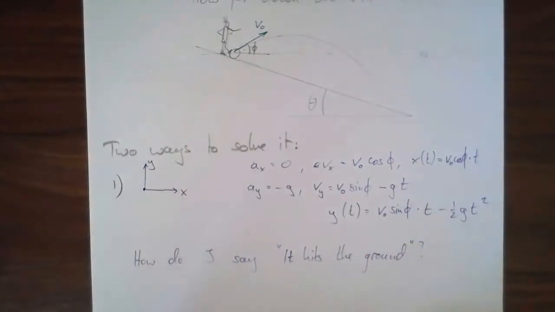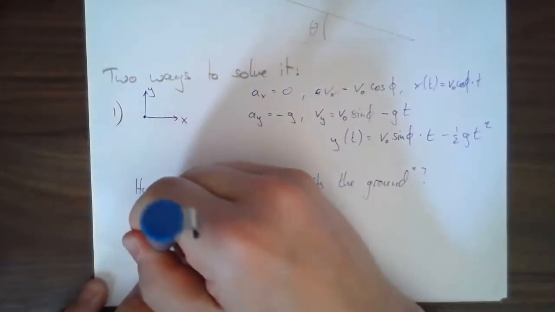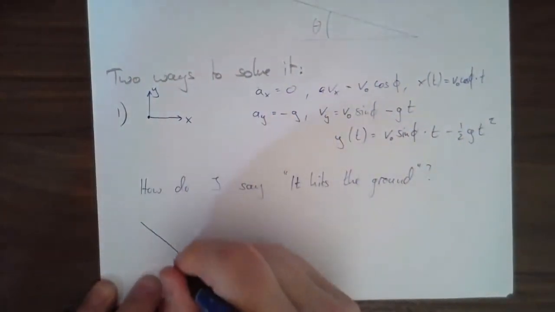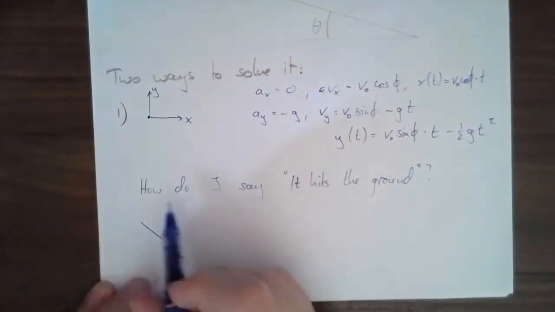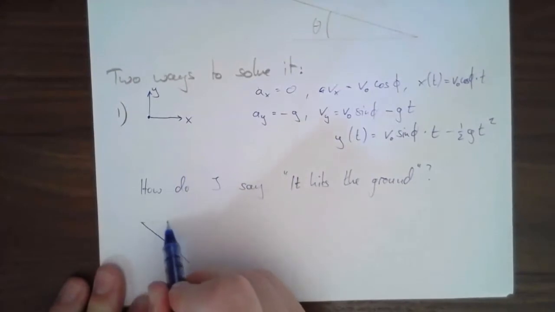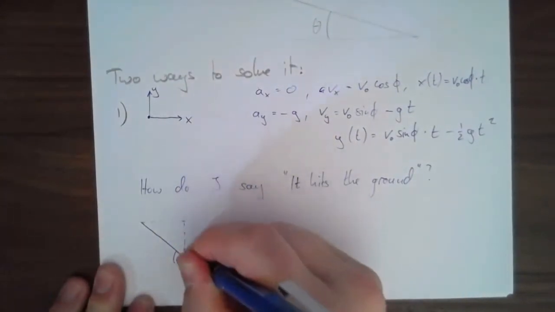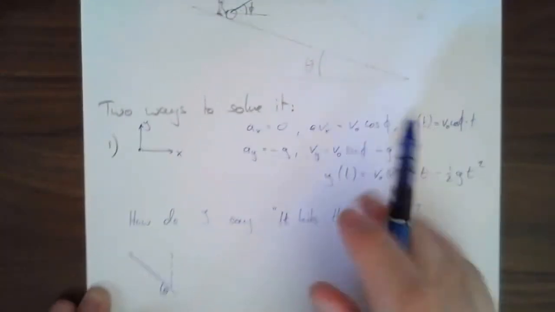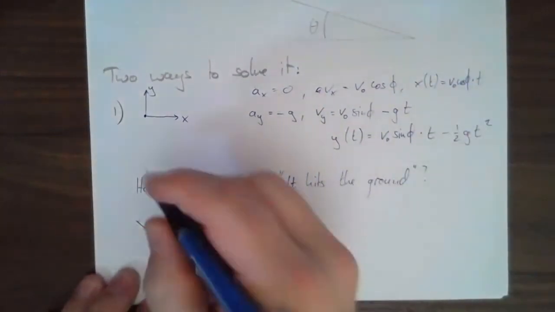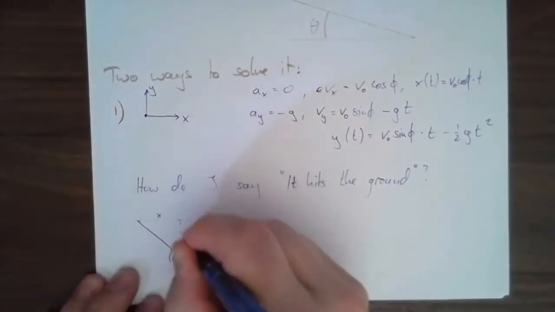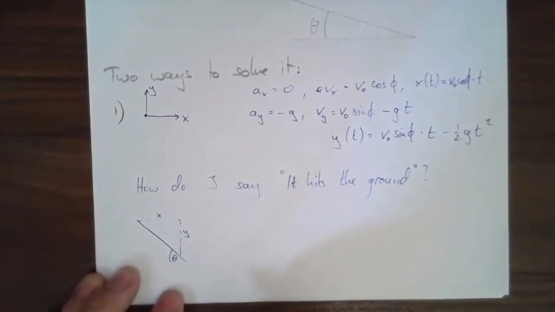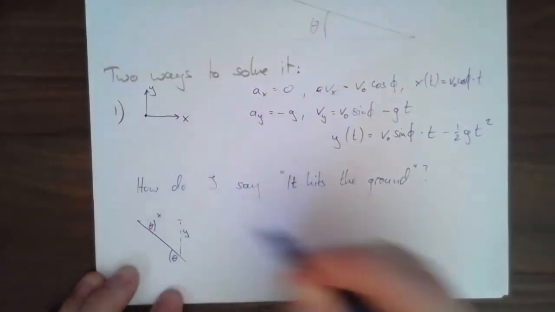So this is the ground, right? This angle here is theta. Here it goes over and down. This is drawn a bit steeper than here, but it doesn't change the geometry. So this would be my x position. This would be my y position. But this is theta.